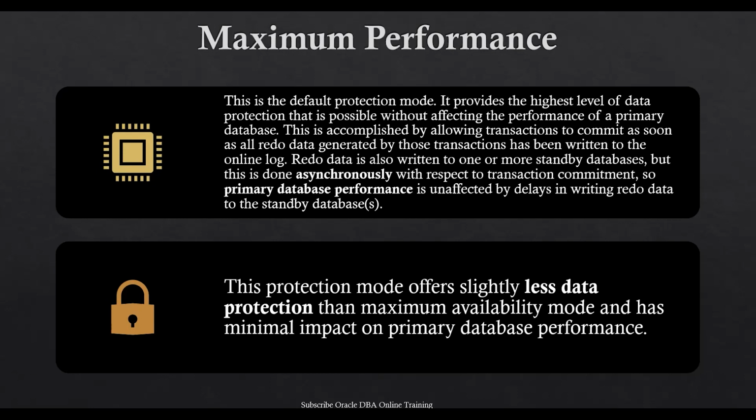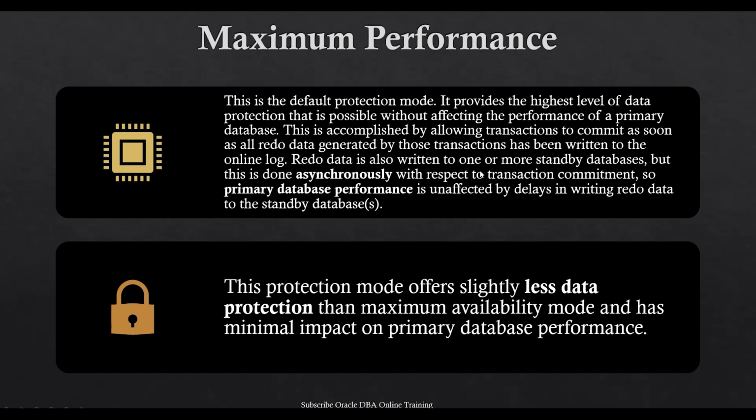This is accomplished by allowing the transaction to commit as soon as all the redo data generated by those transactions has been written to the online redo log file. That means the primary level changes are written to your online redo log, and the redo data is also written to one or more standby databases. But this is done asynchronously, meaning no synchronization is happening.